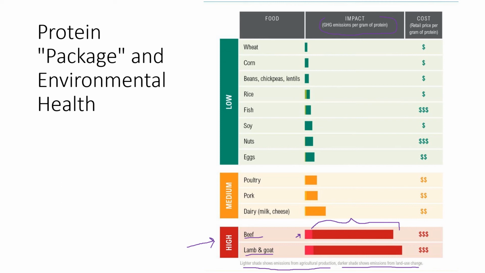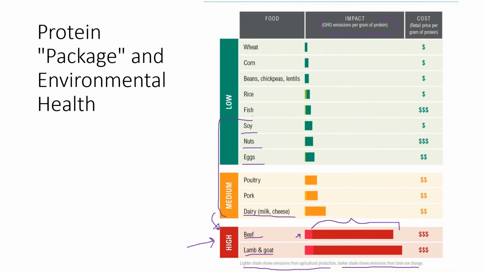And the next group would be poultry, pork, and dairy cows. And then you'll see eggs follow behind pretty closely, nuts pretty close behind eggs, soybeans behind that, but all of these pretty much significantly less than the beef, lamb, and goat.